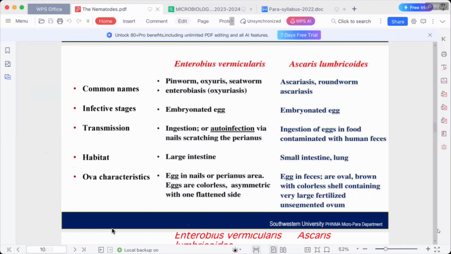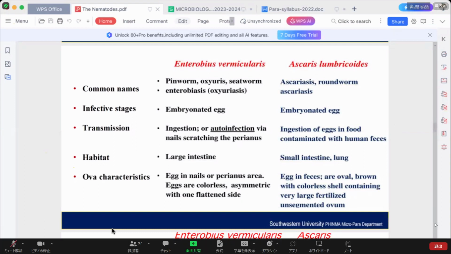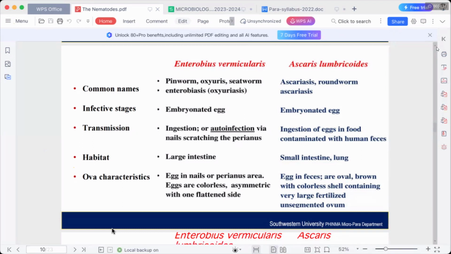Through your circulation, it can travel and it can stay there for years or months. For the ova characteristic, the egg in the feces is described as oval in shape, brown, with a colorless shell containing a very large fertilized unsegmented ovum.